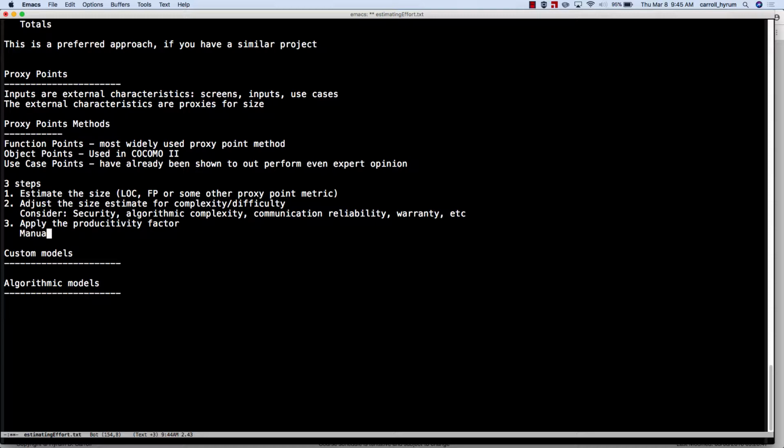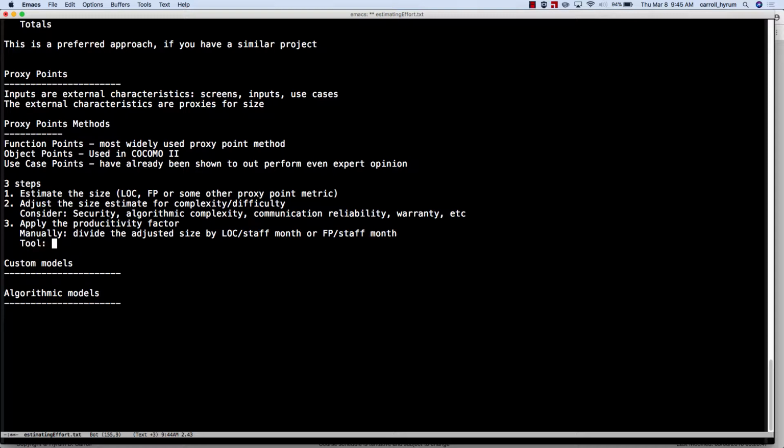So there's two ways to do this. We could do it manually, where if we're doing it manually, this is just simply divide the adjusted size by lines of code per staff month, or function points per staff month.